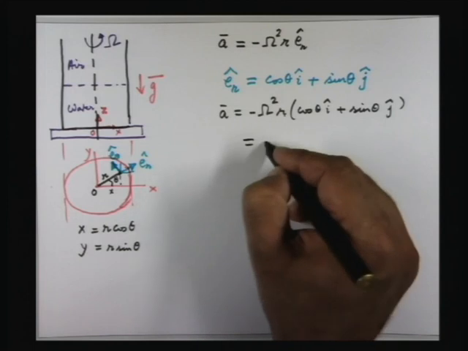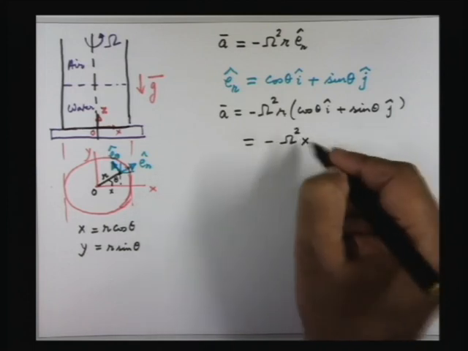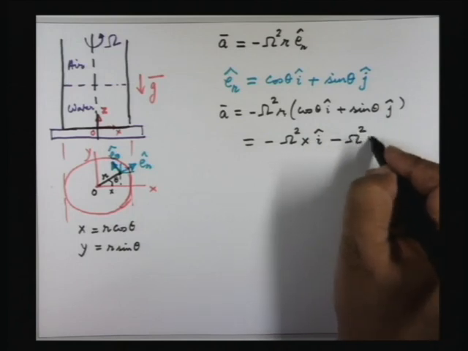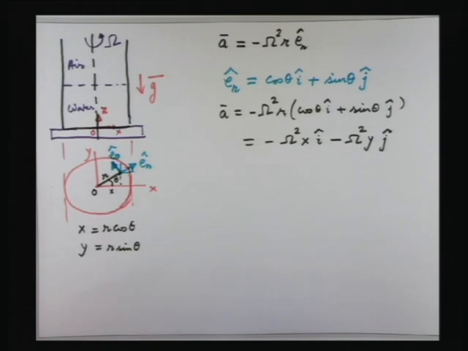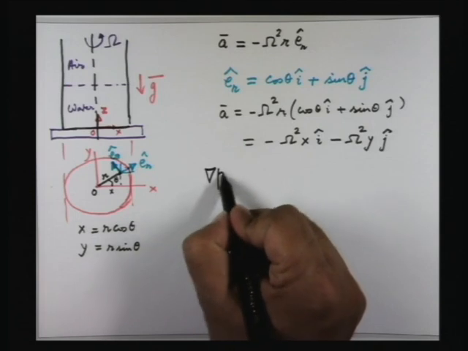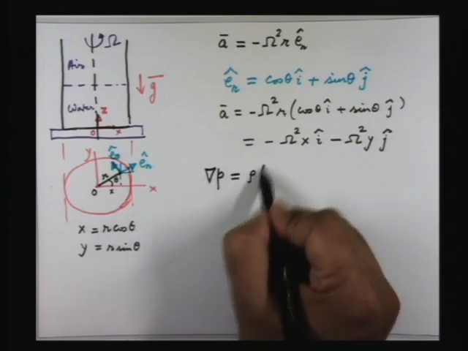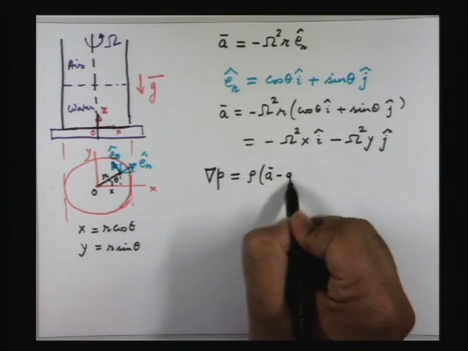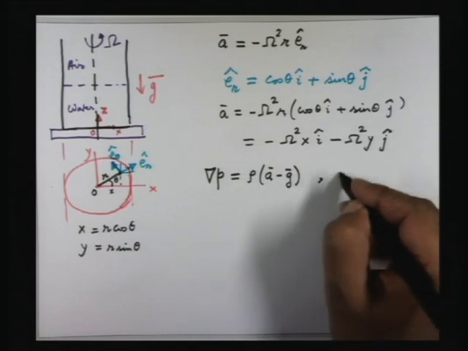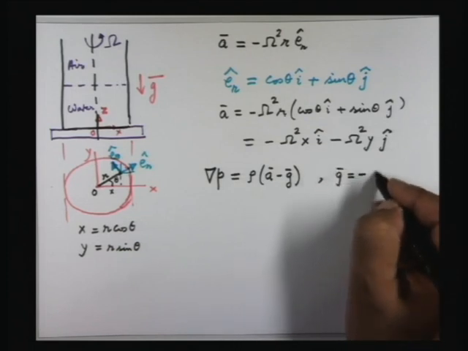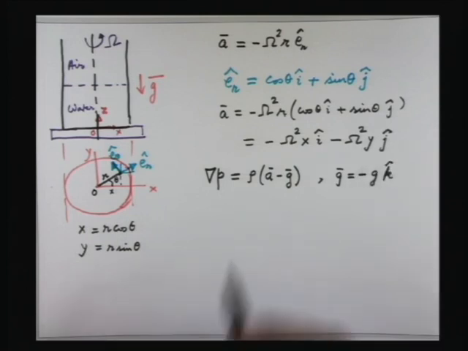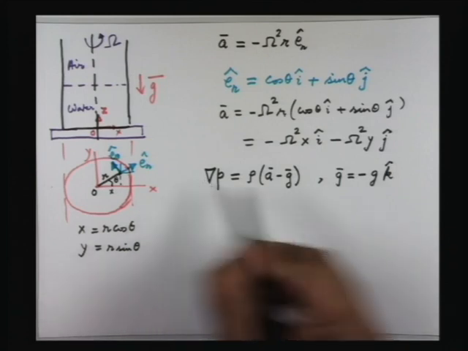So this is minus omega squared x i minus omega squared y j. Now once again the equation which you will solve to find the pressure distribution is grad of P is rho times a minus g. Now according to this coordinate system, your g is minus g k. I'm sorry, it is rho of g minus a.